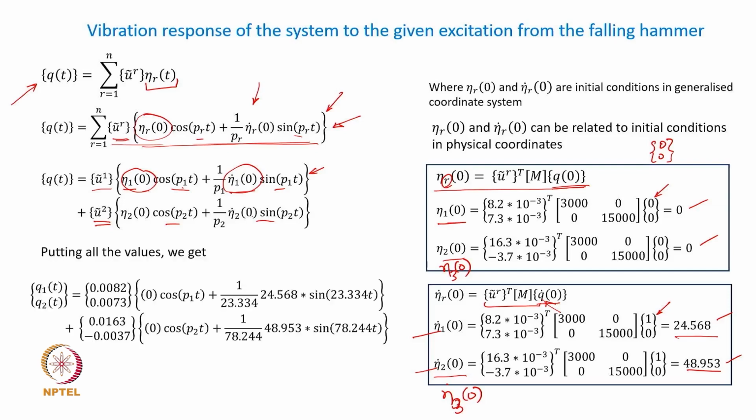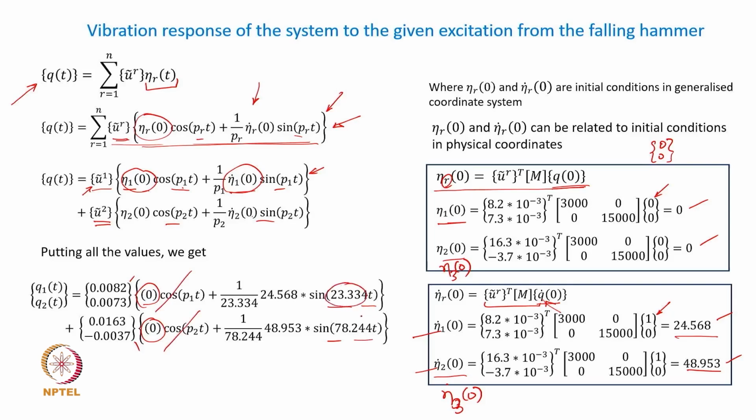So, if I substitute them, you can see that the normalized modal vector of the first mode was found out to be this value, and for that value. So, once you substitute it, obviously with q naught being 0, eta 1 naught and eta 2 naught both of them are 0, and so you are left with only this term and this term. But make a note here that even if q naught is 0, only the cosine functions are going to be 0, but there will be sine functions of both the modes.